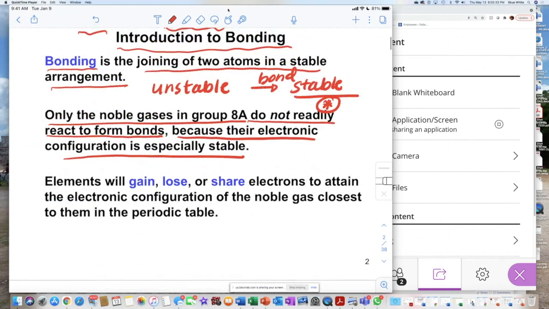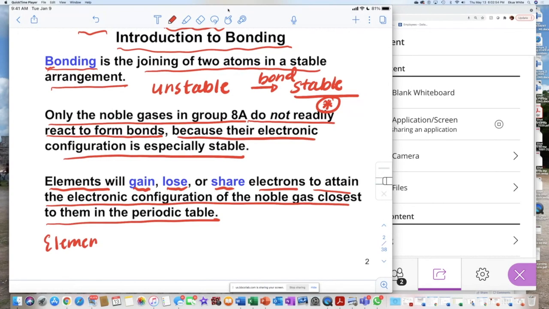Exactly how do these elements bond? We're told that three possible things can happen. Elements can either gain, they can lose, or share electrons to attain the electronic configuration of the noble gas closest to them in the periodic table. So all that is just saying elements start as unstable. So I'll just say start with instability.